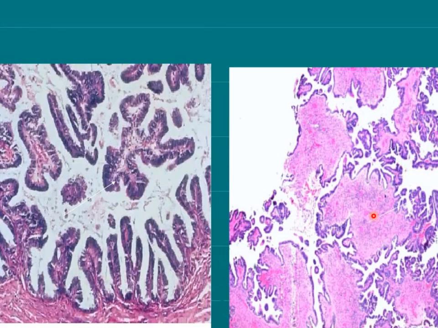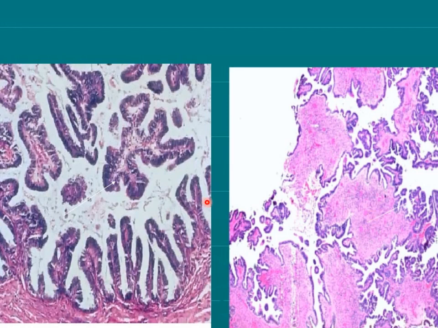So the main differentiating feature between the benign and the borderline ovarian tumor is that the borderline tumor shows stratification of the epithelial cells along with atypia.